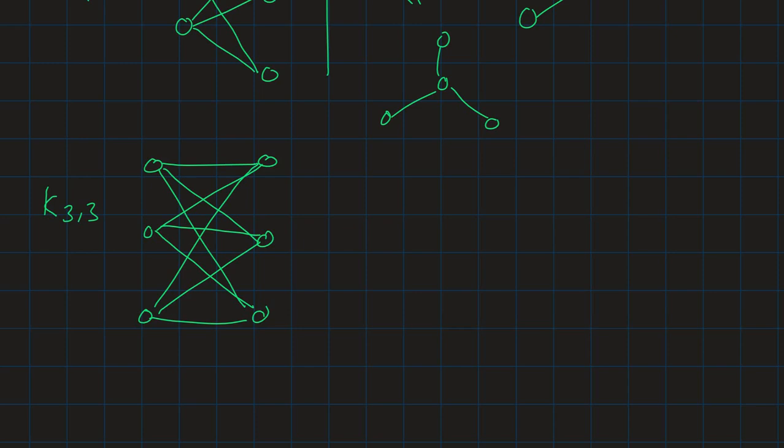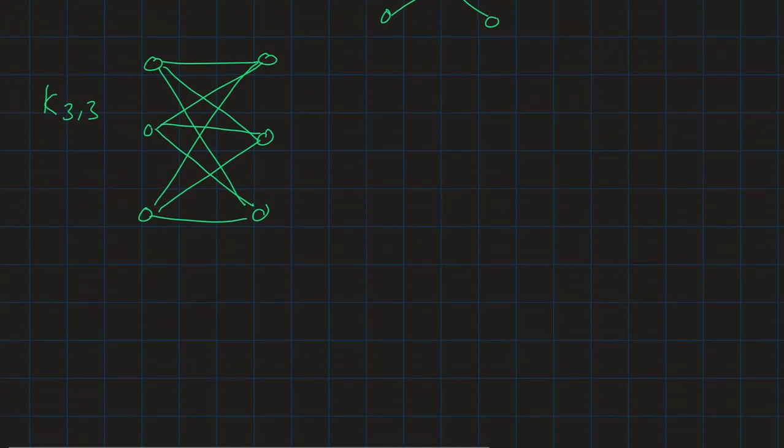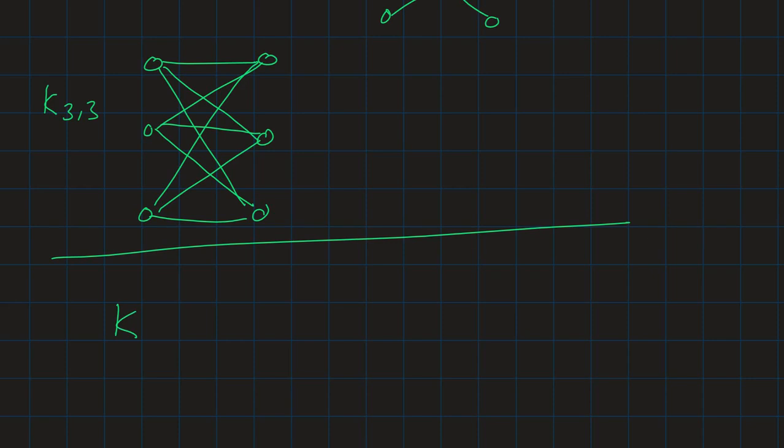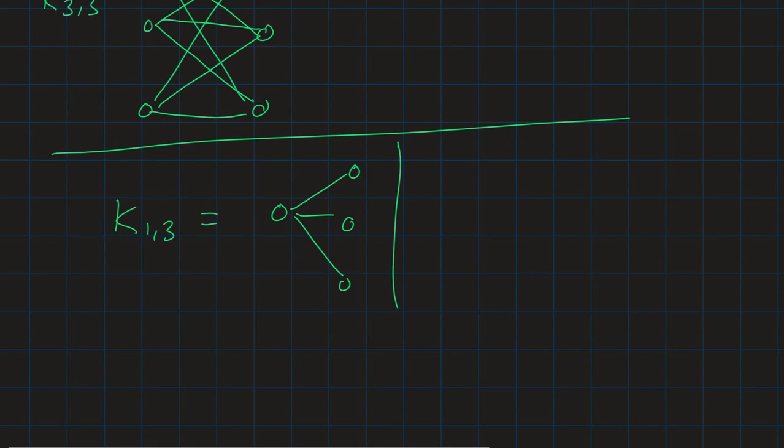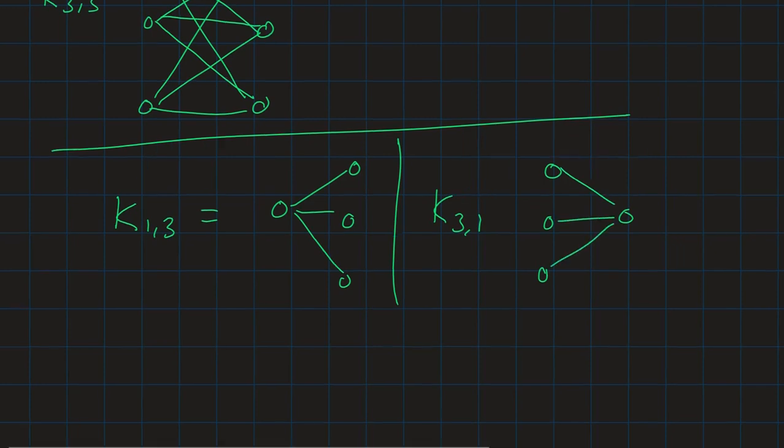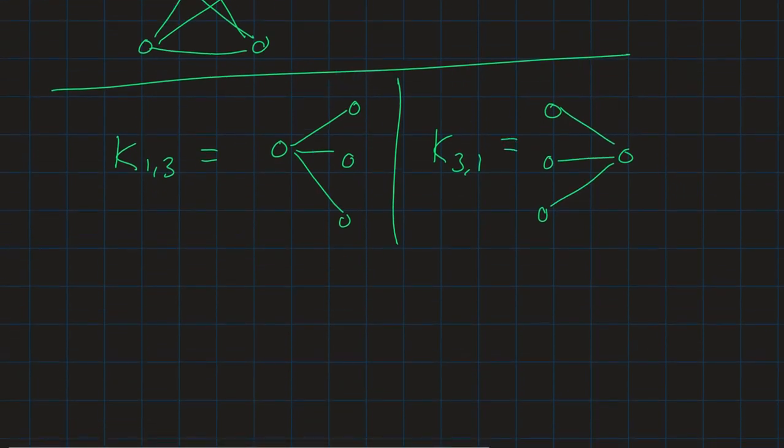One thing you might notice about bipartite graphs is there's a sort of symmetry going on. K_1,3 looks like this, but K_3,1 looks like this. But these two graphs are isomorphic. So in fact, K_1,3 equals K_3,1.